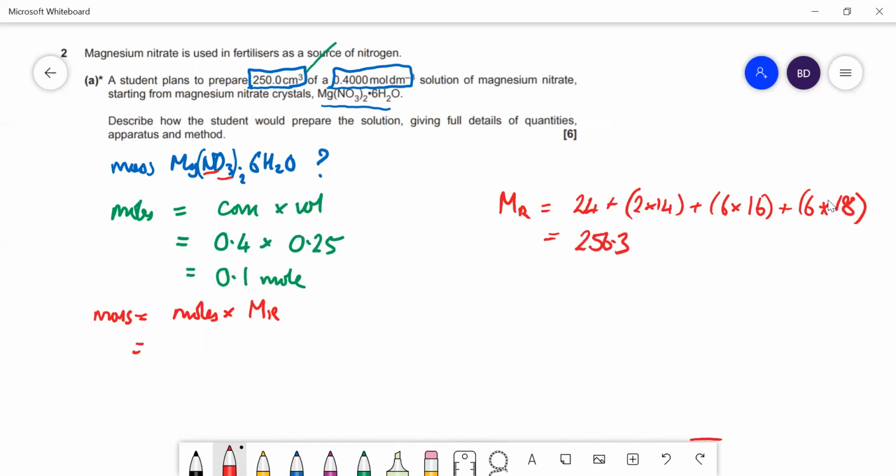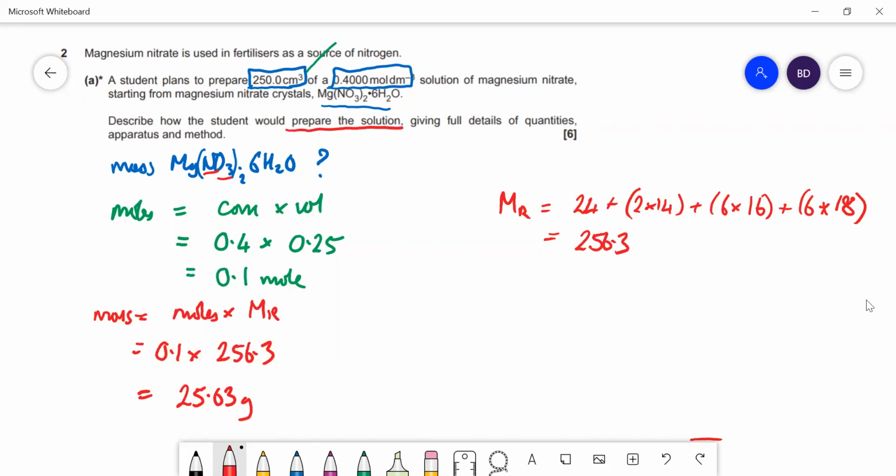Okay, so the mass then is going to be 0.1 multiplied by 256.3, which is equal to 25.63 grams. That's the mass of magnesium nitrate that we're going to need. Now, describe how the student prepared the solution. So we've got to give the experimental details.